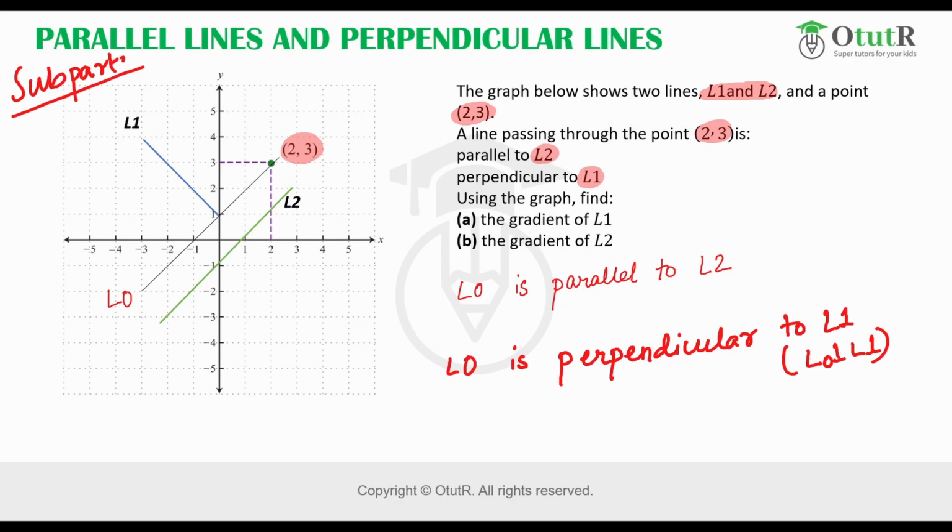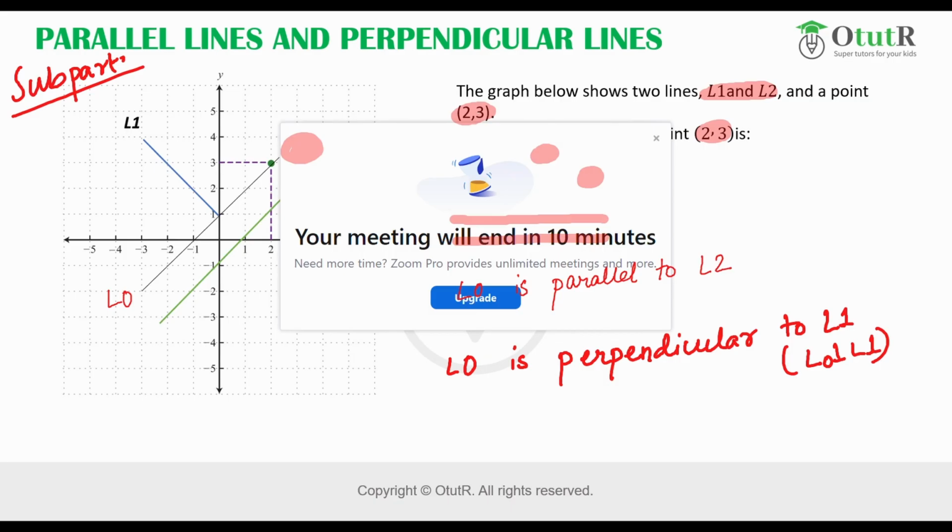Now there is a formula for finding the gradients. First let us read the question. The next part says that we have to find out the gradient of both L1 and L2, right?